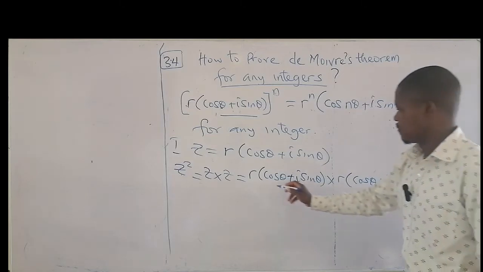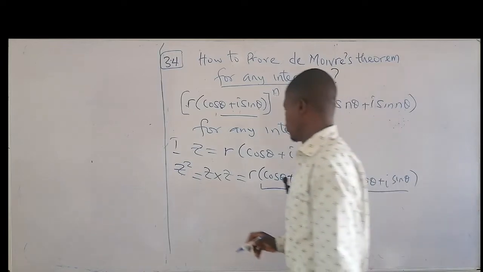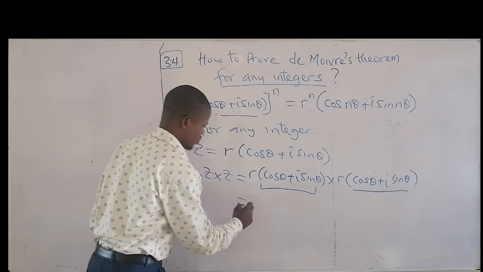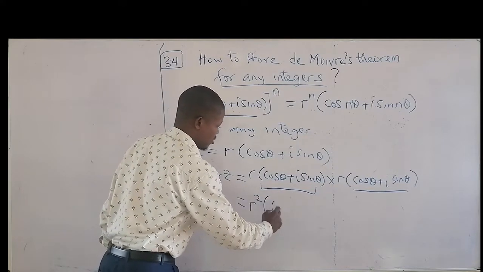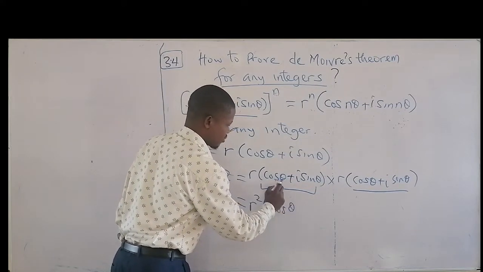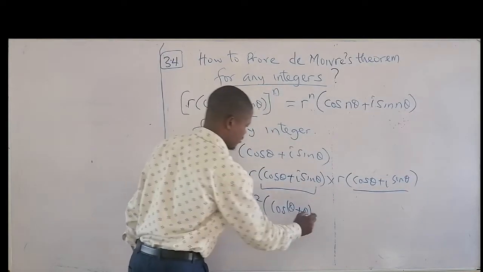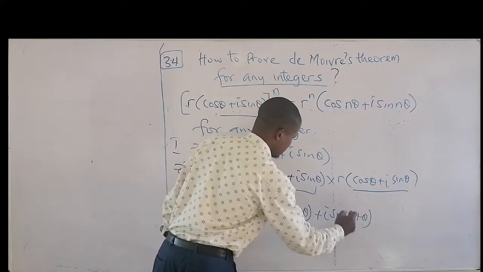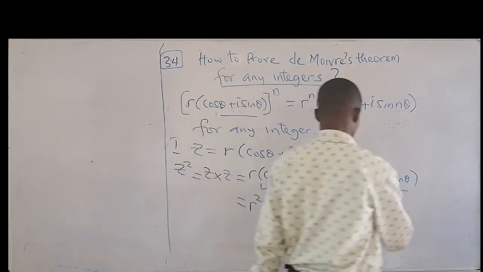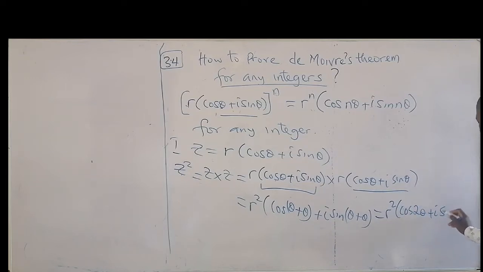Based on the multiplication of complex numbers, this will be equal to r squared, and when you are multiplying complex numbers, cos of the first theta plus the second theta, and then plus i sin of theta plus theta. This will be equal to r squared (cos 2 theta plus i sin 2 theta).